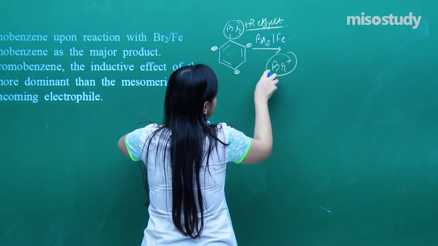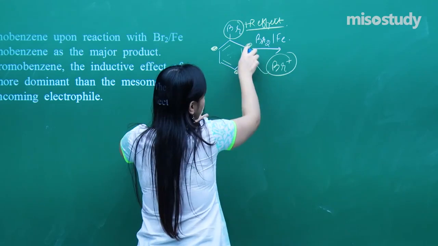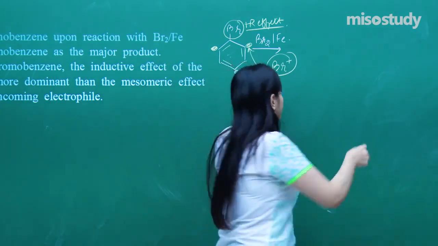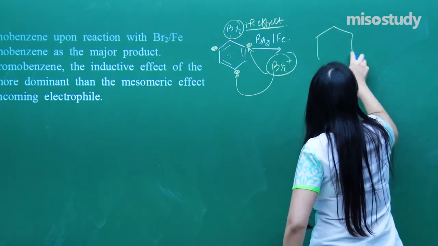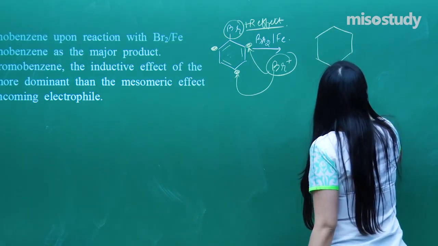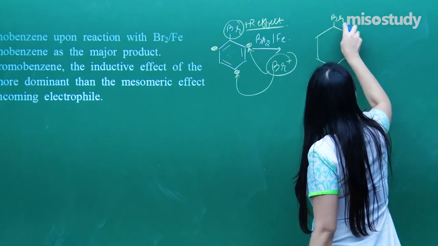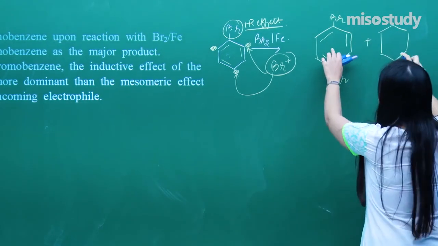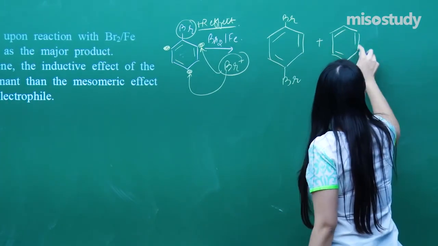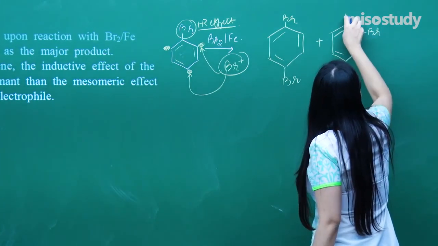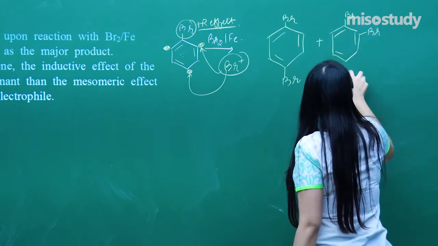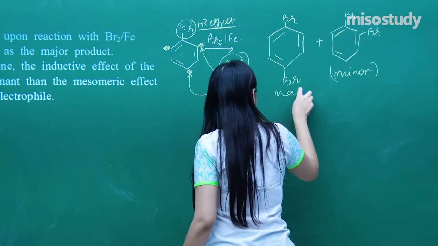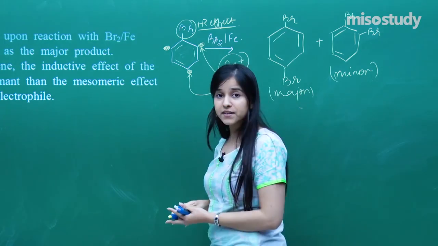Therefore, this Br positive can come over here or can attack the para position. So what will be the major product? We will be getting two products, one major and the other one as minor. Due to the symmetry, we have got this as the major, and due to non-symmetry, we get this as minor, and that is major. I hope everybody has got the same answer here.